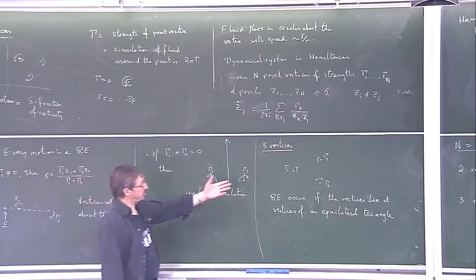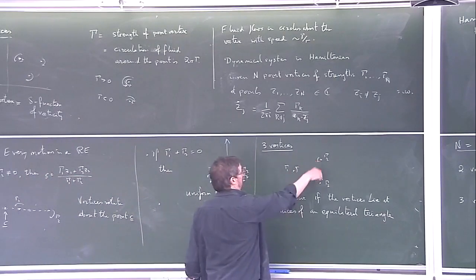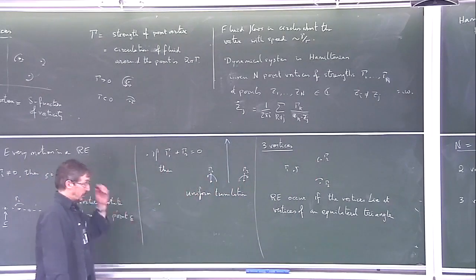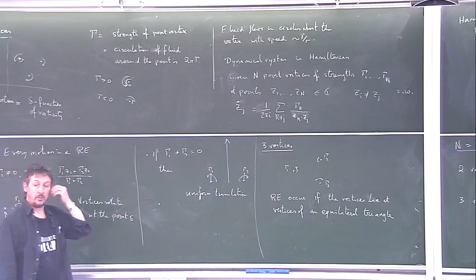It doesn't matter what strengths they are. If they lie at the vertices of an equilateral triangle, then it's a relative equilibrium. So they will rotate.